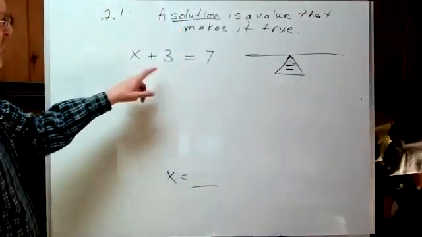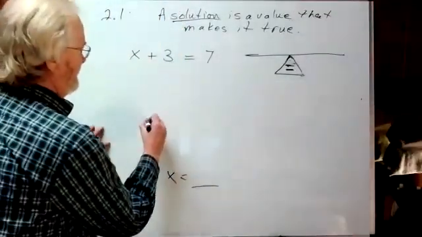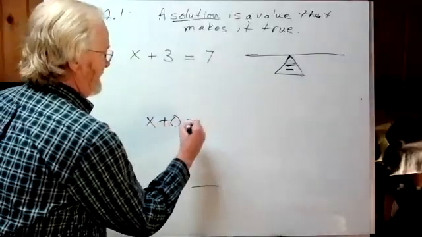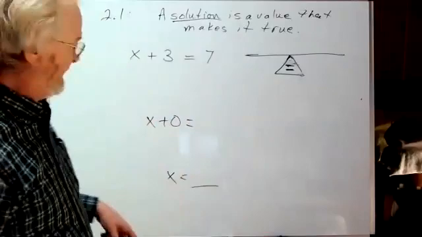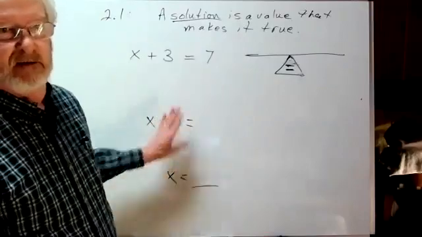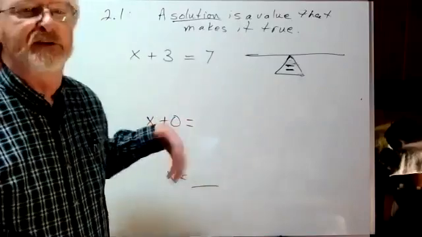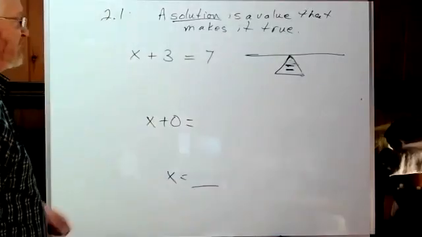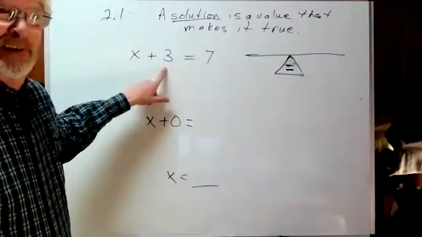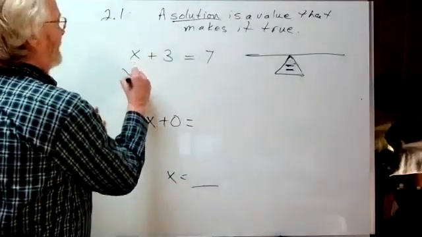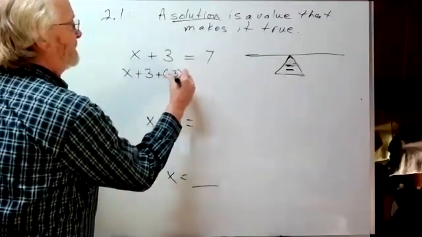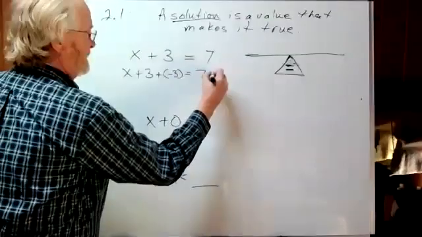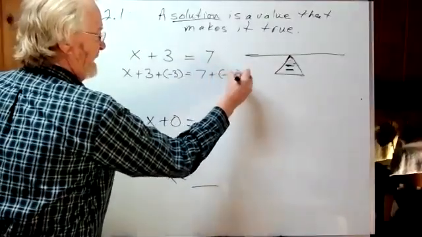So what I want to do is get this to be basically, if I can get it to x plus 0 equals something, my identity property from before means I've just canceled the 0. We don't have to write this usually, I'm just showing right now. So I'm going to add the inverse, and I'll write it a couple different ways, and then you can choose the way you like the best, okay?